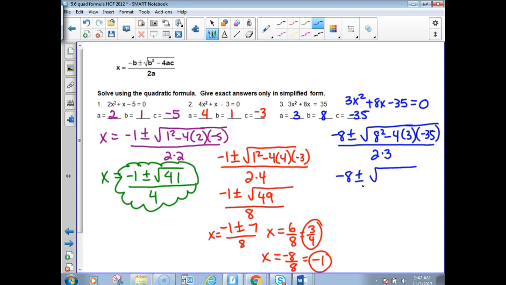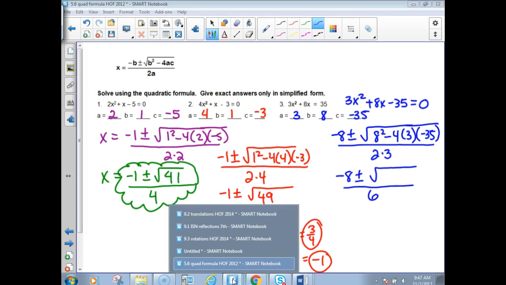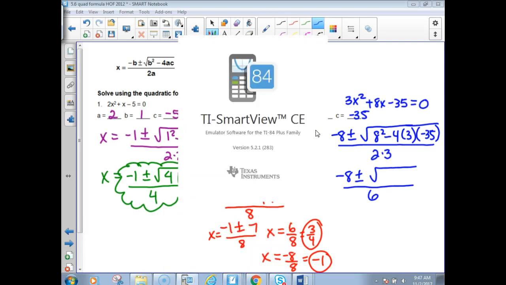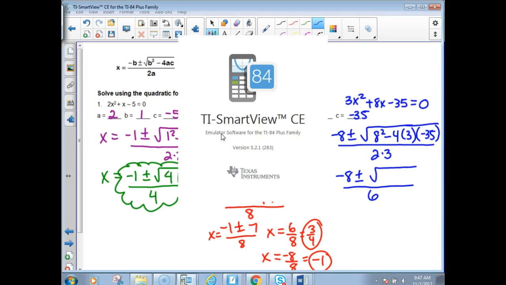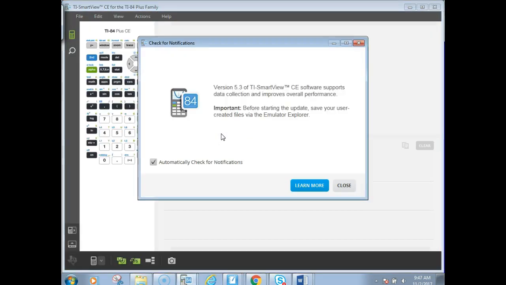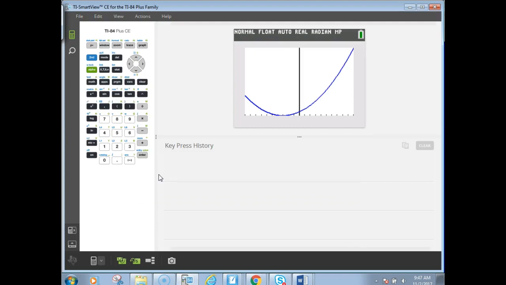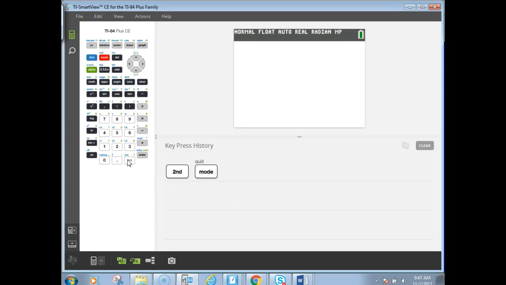Okay, let's find out what we got under the radical. So, oops, I want my calculator. What is that? Just negative 12 times negative 35, and that should be a positive.